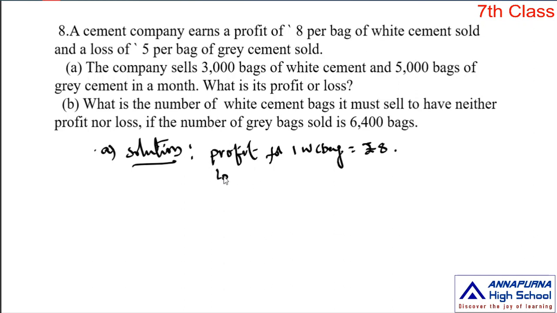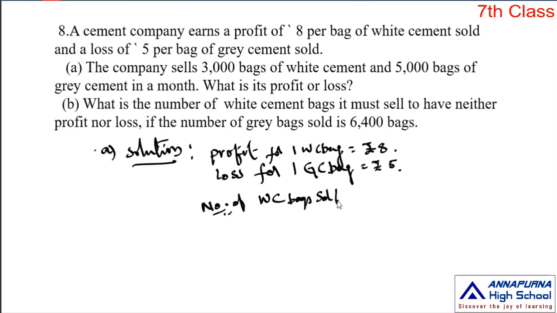Loss for one grey cement bag sold is equal to how much? 5 rupees. So here the question is, if the company sells 3000 bags of white cement and 5000 bags of grey cement, first you write the number of white cement bags sold. How many?